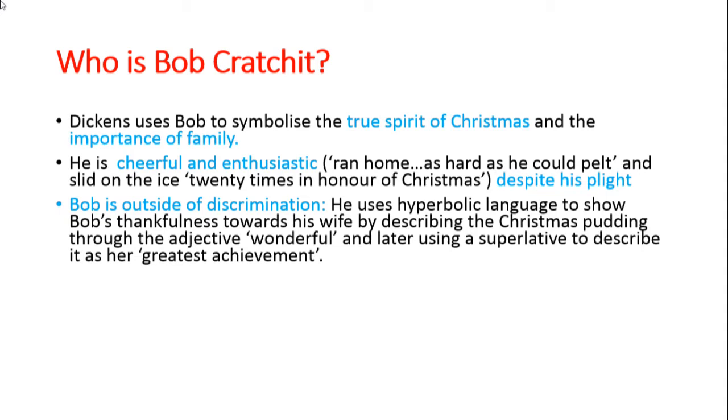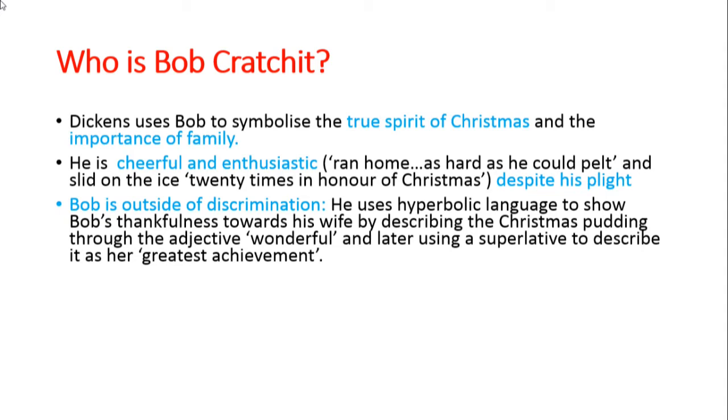He labels the Christmas pudding as wonderful, and he later uses the superlative greatest to describe her pudding as the greatest achievement. Now, of course, this is very hyperbolic, over-the-top language.